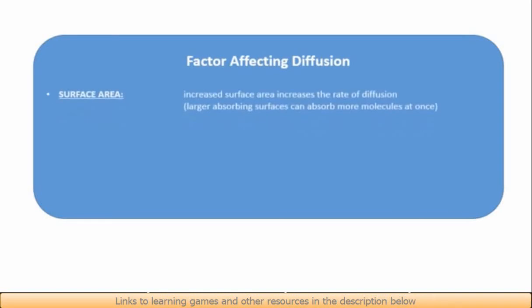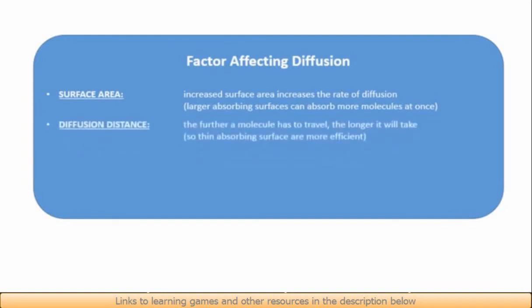Now, let's take a look at the factors affecting diffusion. For all organisms, diffusion is affected by several factors. Surface area. The larger the surface area is, the more diffusion can take place, and therefore the greater the overall rate at which it occurs.